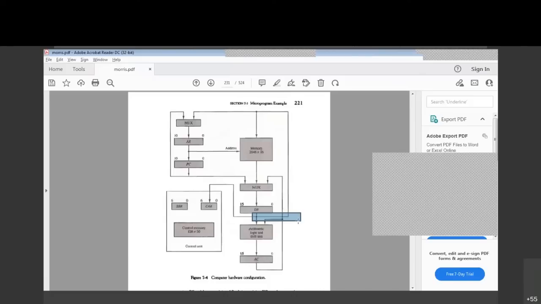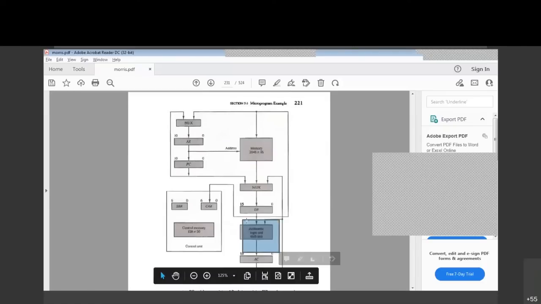And in PC the data directly comes from AR. Okay, from AR we get data to memory also. Address register, I need to fetch something from memory, so I need to have data from address register. Now ALU, this block will have data from accumulator.